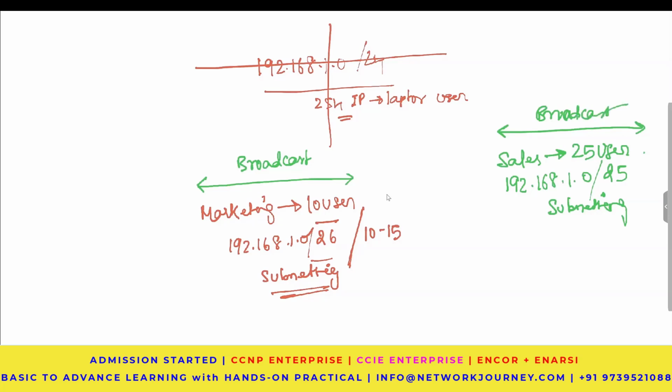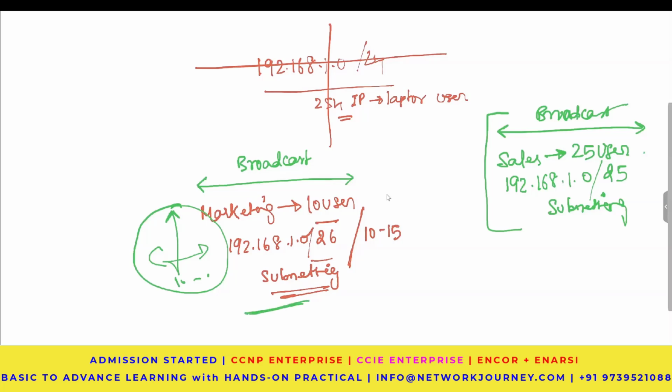So what they will have is an IP range 192.168.1.1/26 till 192.168.1.10, let's assume, or something. So this will be the usable IP range for them.